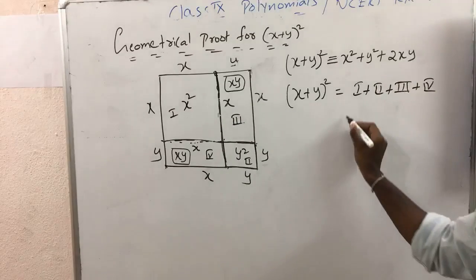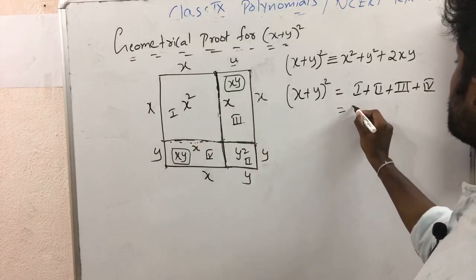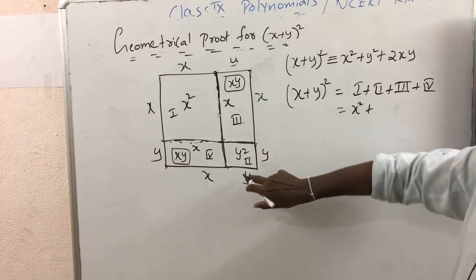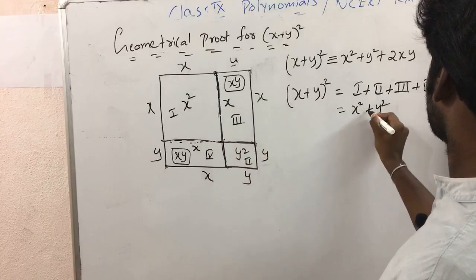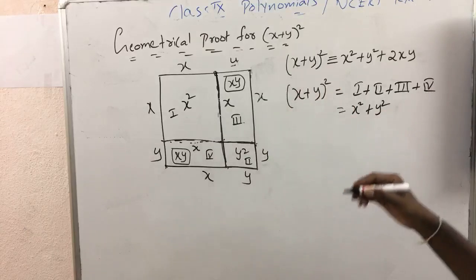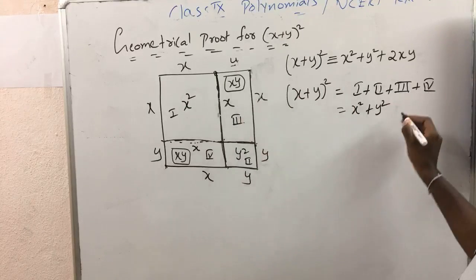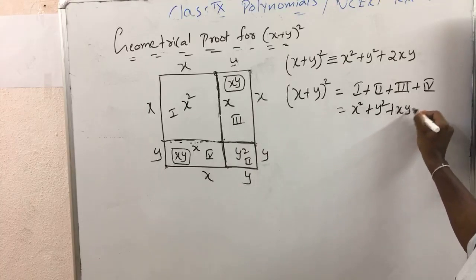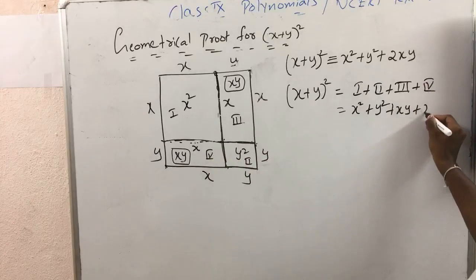Now what is the area of the first part? It is x square. The area of the second part is y square. The area of the third part is xy, and the area of the fourth part is xy.